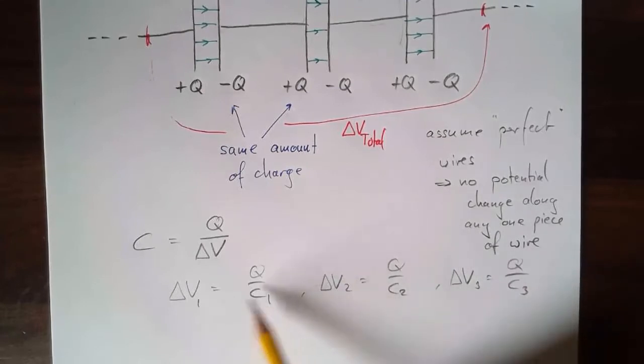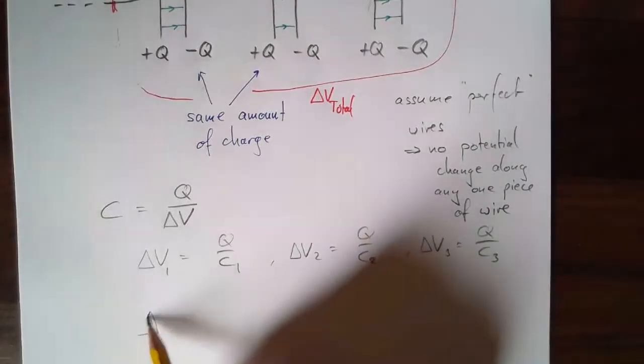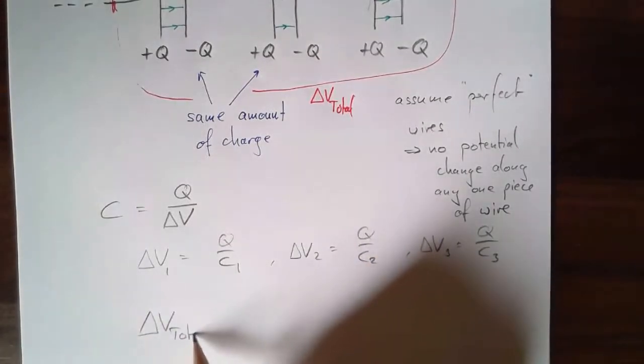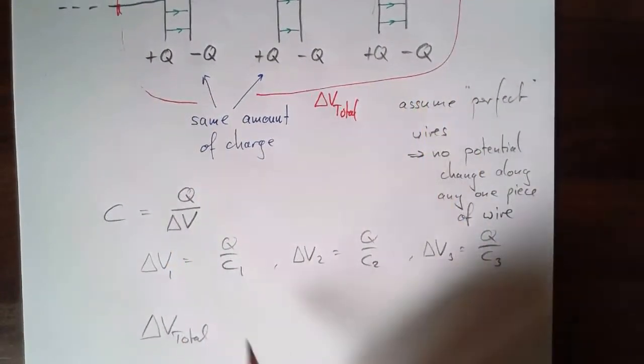For each capacitor, I can write down what we mean by its capacitance. But I also can write down the total delta V from all the way to the left to all the way to the right.